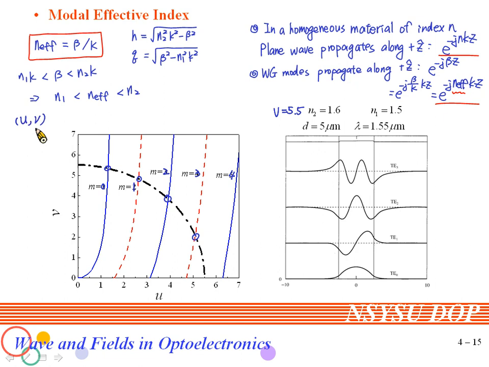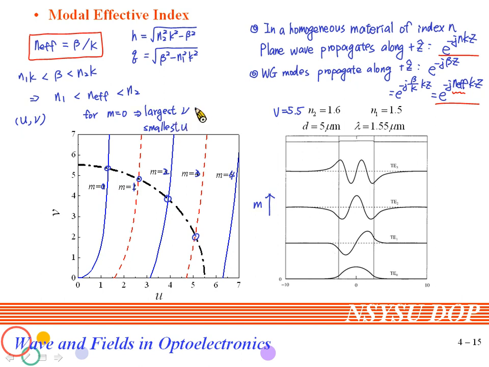Okay? And you can see, as we increase the mode order from 0 to 3, the beta value is reduced. Because for the M0 mode, compare these 4 modes, the M0 mode will have the largest value of v and the smallest value of u.